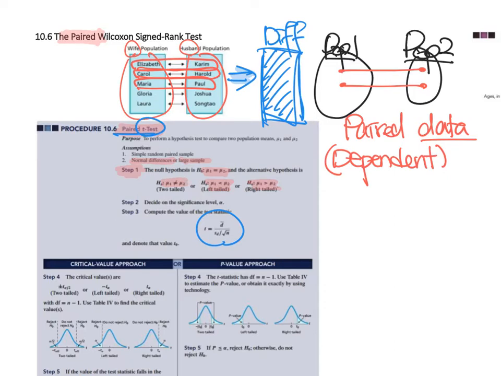It's the same idea. Non-parametrically, we are going to take the difference and simply apply the signed rank test. Can you remember Wilcoxon's signed rank test? It was the same as the one sample test, compared to the one sample t-test.